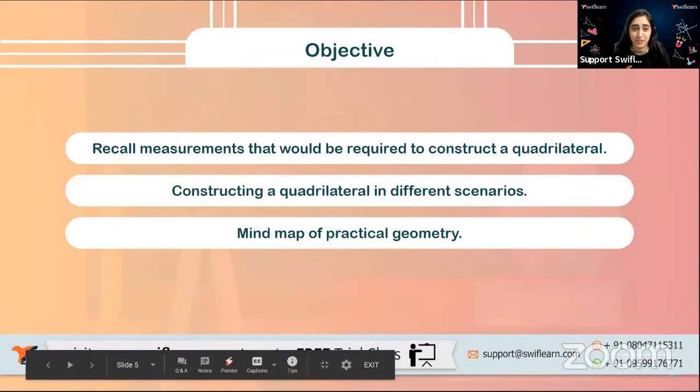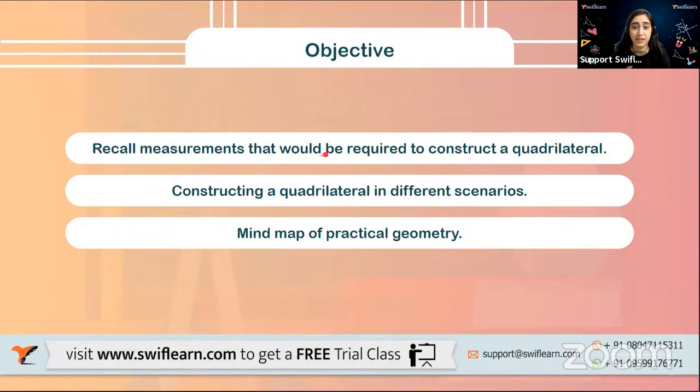Today's objective is to recall the measurements that we require to construct a quadrilateral. We will recall what is required, what we have done, then how to construct a quadrilateral in different scenarios. There are so many types of questions that we get confused. How to solve it? What is the scenario, how to proceed, what should I do, right? For this, we are also giving you a mind map for practical geometry.